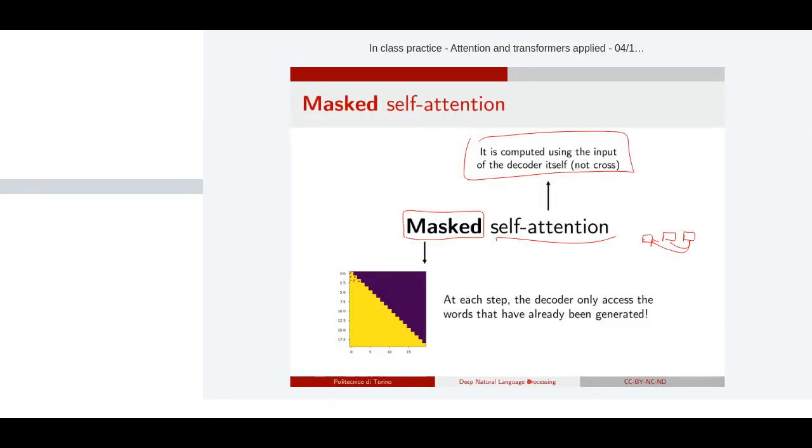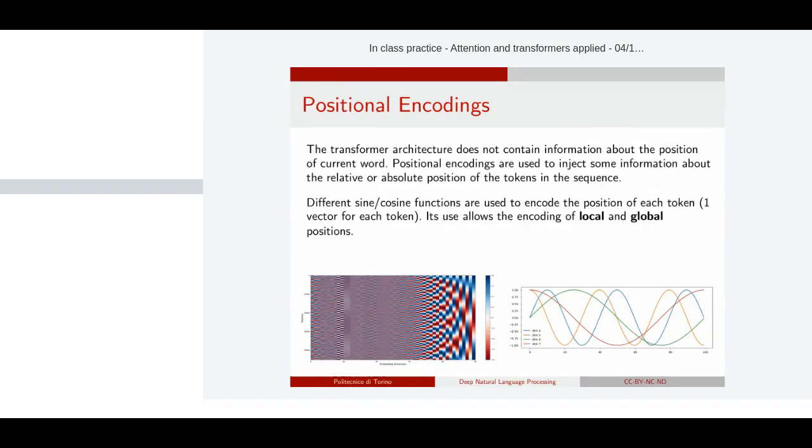So to avoid this issue, because in the sequence we need to take care about the position of the words, we use positional encoding. That is a trick to encode the position of the word in the sequence by using an additional vector.